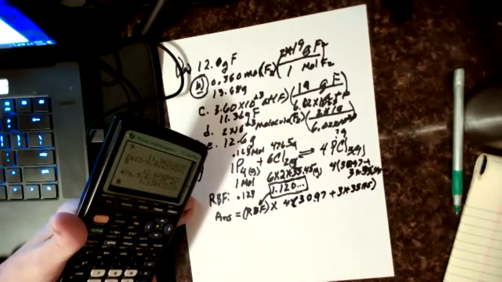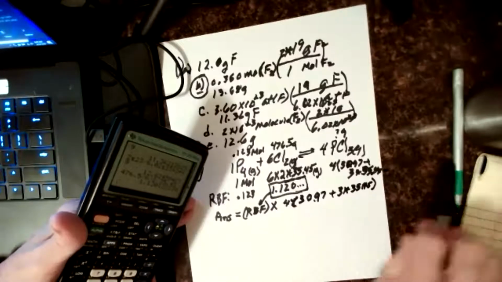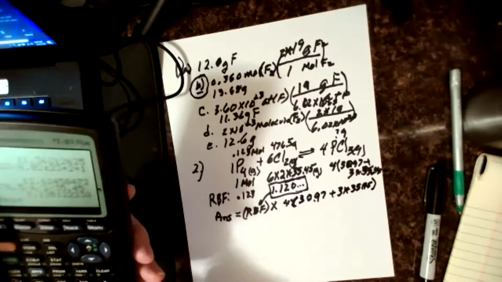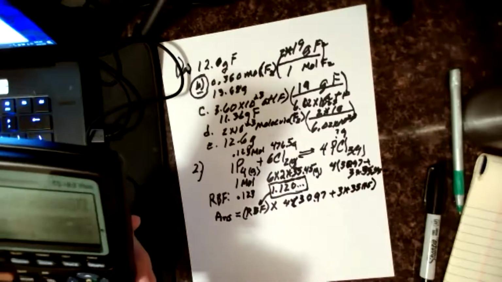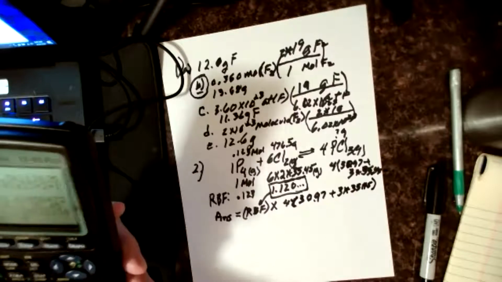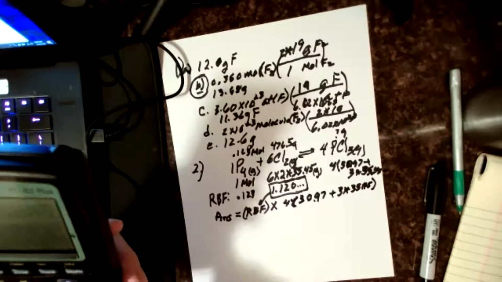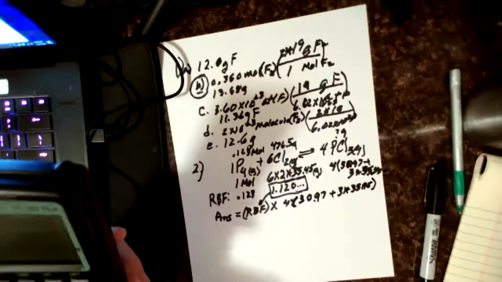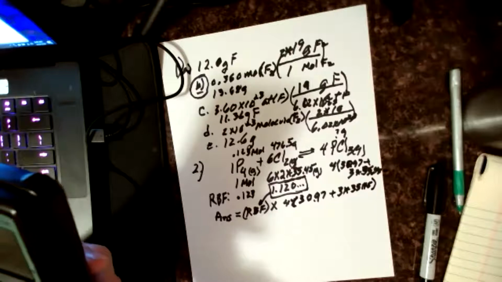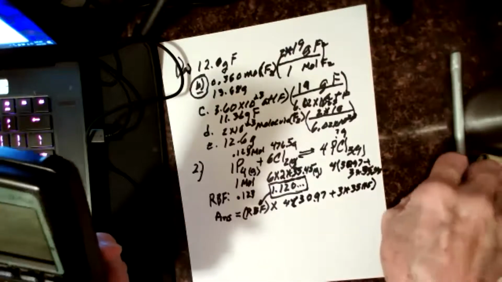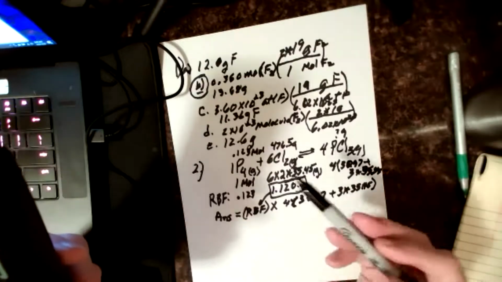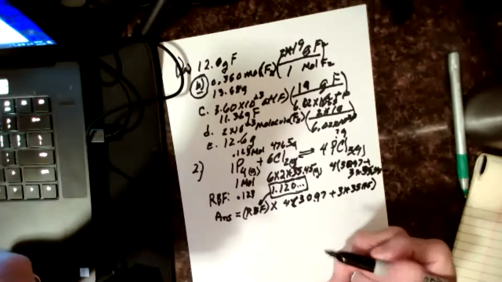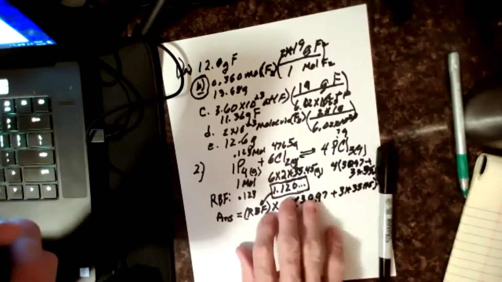Okay, so I'm going to put it in exactly the way I've got it written there. So I'm just going to say times 4 times a left parenthesis 30.97 plus 3 times 35.45. And if this is right, which it is not, I've got a problem here.